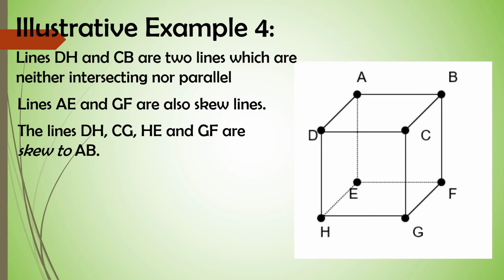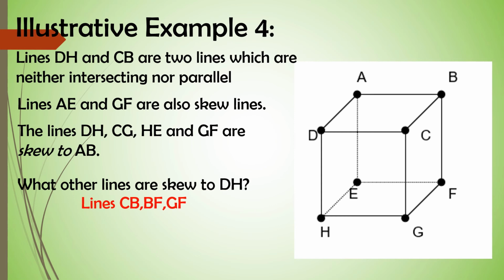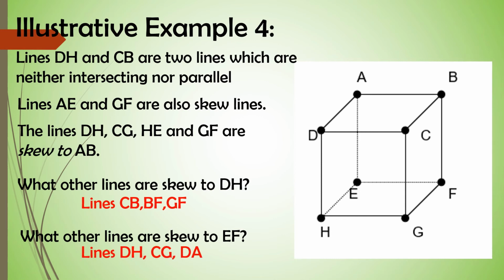The lines DH, CG, HE, and GF are skew to AB. What other lines are skew to DH? These are the lines CB, BF, and GF. And what other lines are skew to EF? These are the lines DH, CG, and DA.